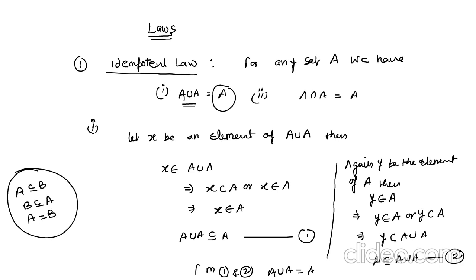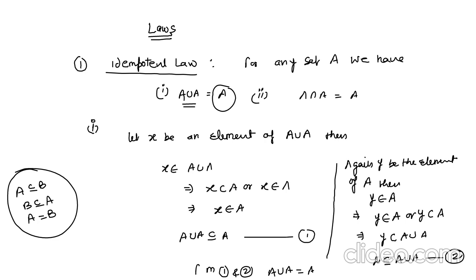So we can prove the idempotent law this way. The second part you can prove similarly. In place of union, you write intersection. Here we use or, for union; for intersection you write and. For proving such types of laws, only the LHS part is necessary.